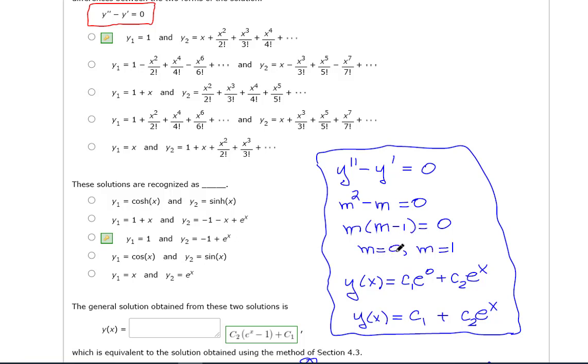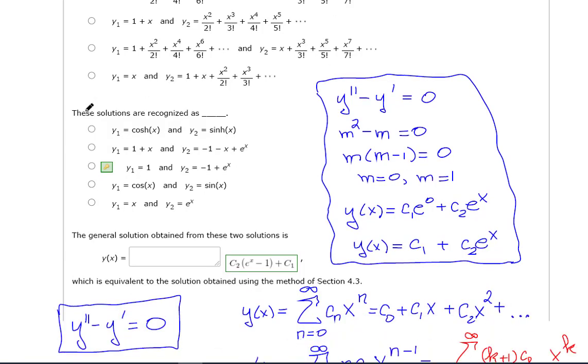I get m is 0 and 1, which gives me that the solution is c1 e to the 0 plus c2 e to the x. E to the 0 is just 1, and so my solution would be of this particular format. Easy enough. So what would this mean if we were looking for solutions of the power series form?